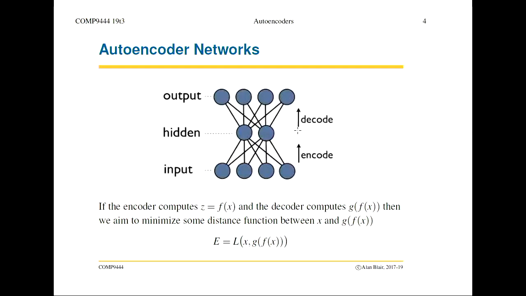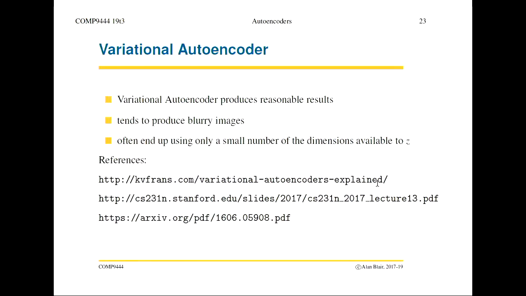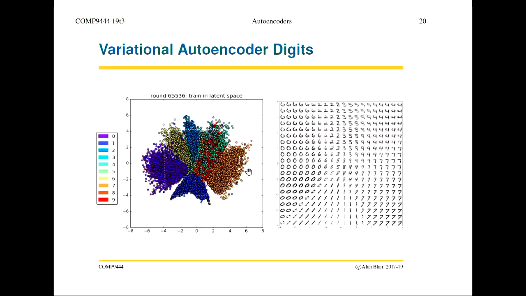We want to force the original images to spread out, not bunch up in a small space, but spread out and cover the entire Gaussian distribution.